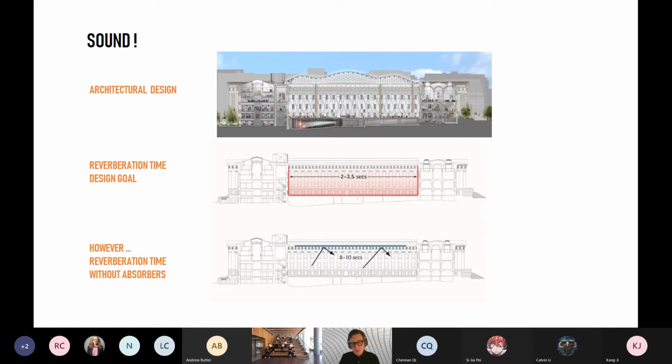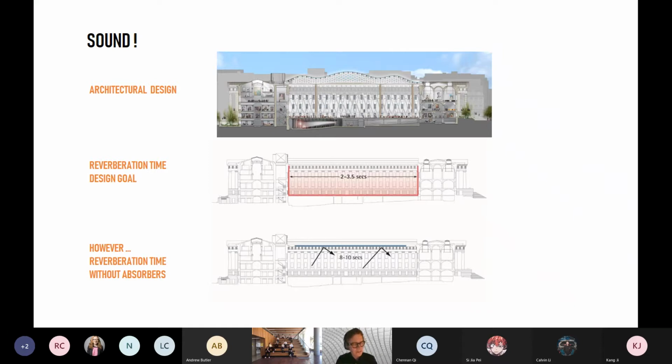The courtyard at the British Museum is a very reverberant space, probably similar in reverberation time to a cathedral. That's just the particular character of that space.